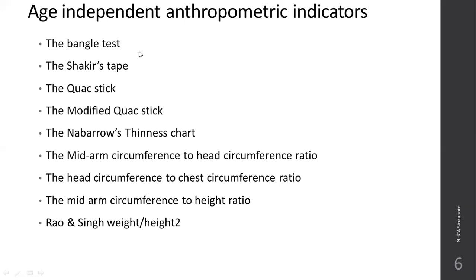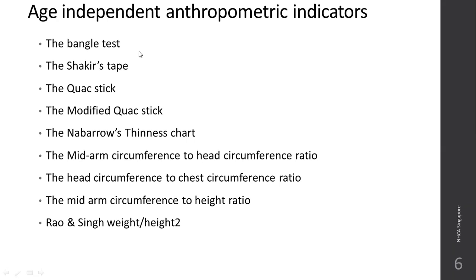Then we have Rao and Singh's weight to height square. So when you do this, whatever is the child's weight is the numerator, whatever is the child's height is the denominator, height square. Okay. So the ratio, if it is equal to 0.0015, it is normal.